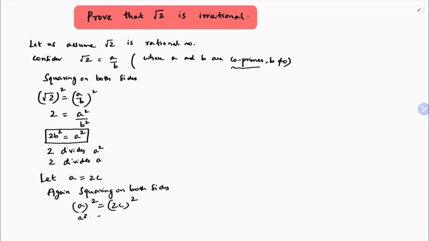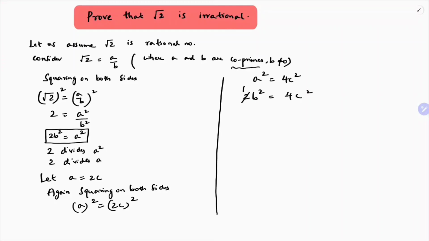So a square equals 2c whole square, which is 4c square. From before, the a square value is 2b square, so I substitute it here: 2b square equals 4c square.